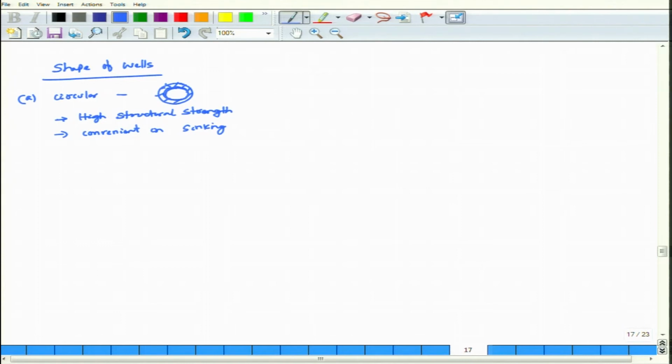Suitable for piers of a single line railway bridge and double line road bridge. Maximum diameter is limited to 9 meter.